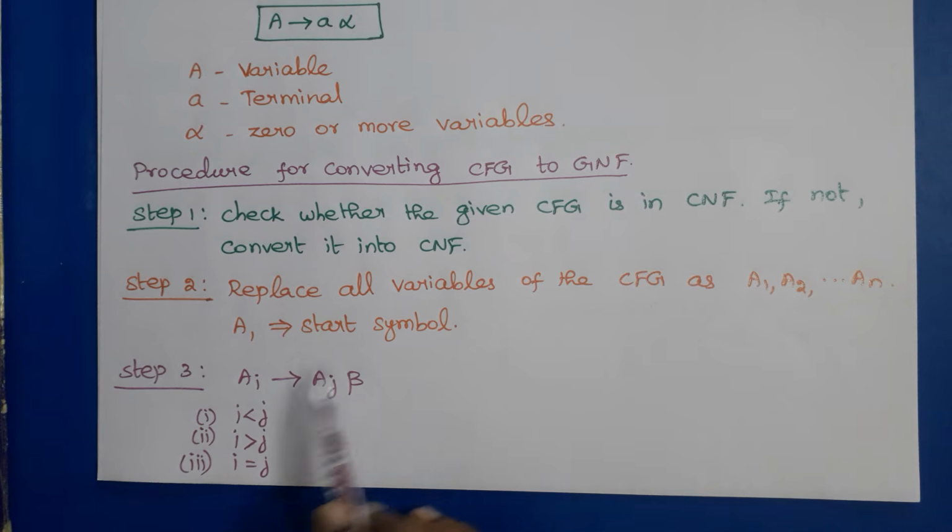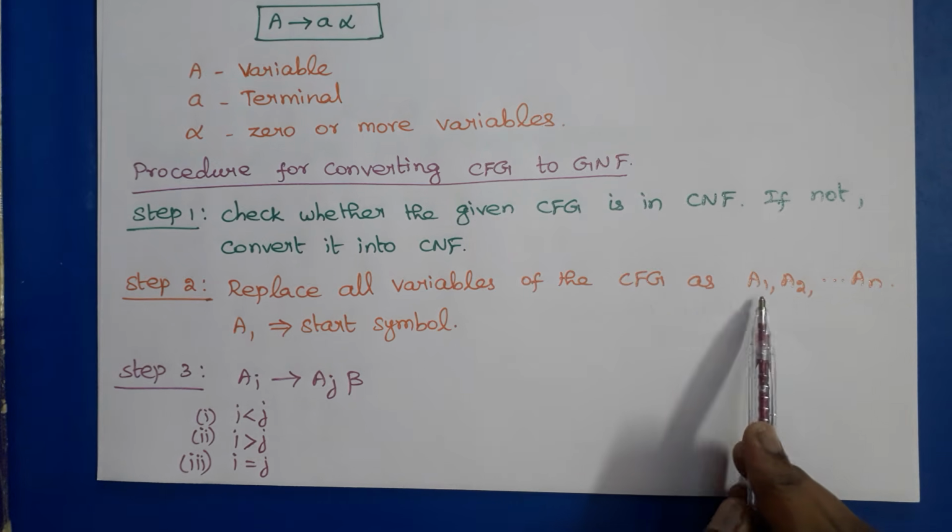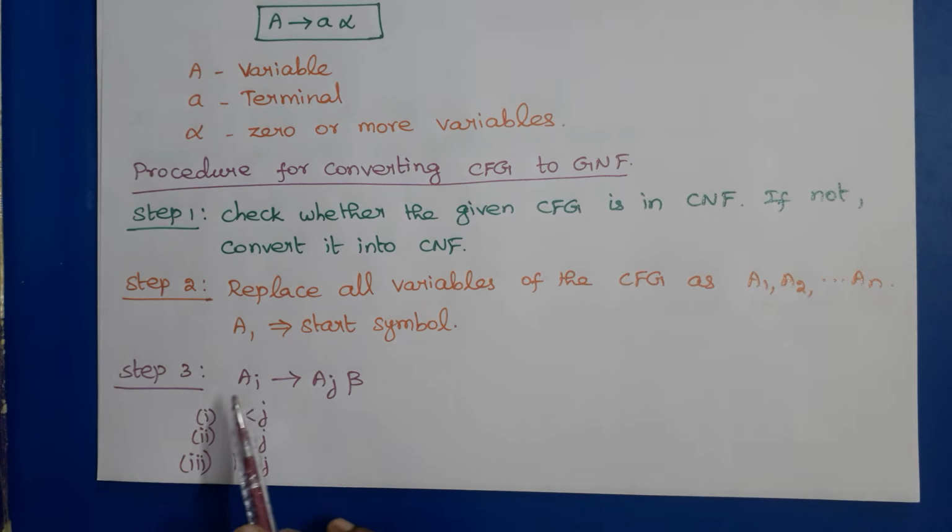Then step 3, after replacing all variables with A1, A2 up to AN, we have the productions in this form: Ai tends to Aj beta. All the productions will be in this form. Beta means any string. So here we need to consider there are 3 cases: i less than j, i greater than j, i equals j.